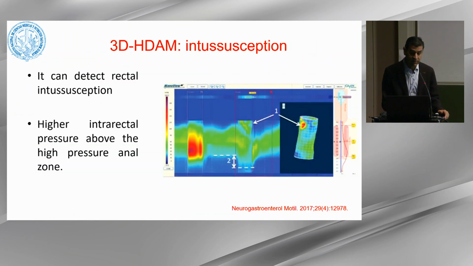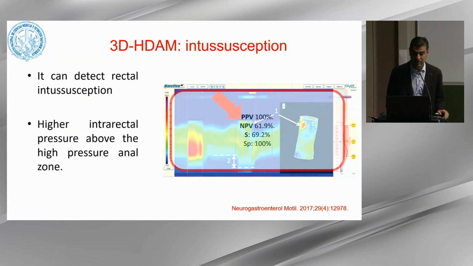And this is the same for rectal intussusception, because there is also a mark above the upper part of the anal sphincter, and also a big movement, or an excessive descent, of the pelvic floor. So everything together can be assessed with the 3D high definition anorectal manometry.